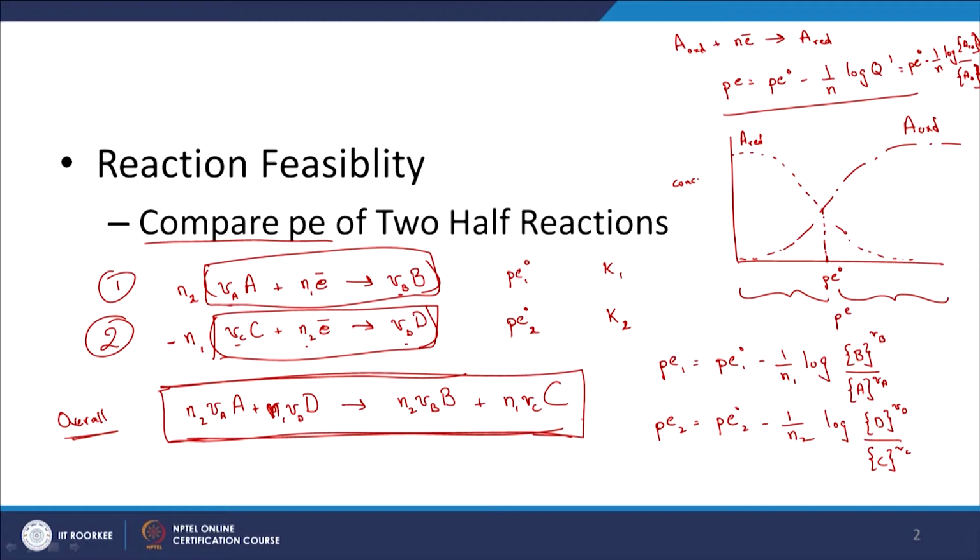To be able to calculate the PE of this overall reaction, it is going to be equal to PE1 minus PE2, but I am also going to have to consider the case when I multiply this by N2 and this by N1. So, let us look at that and take that through. So, the PE of that particular overall reaction is going to be equal to PE1 naught minus PE2 naught of these modified reactions. We are not going to expand upon that now because it is going to be erroneous.